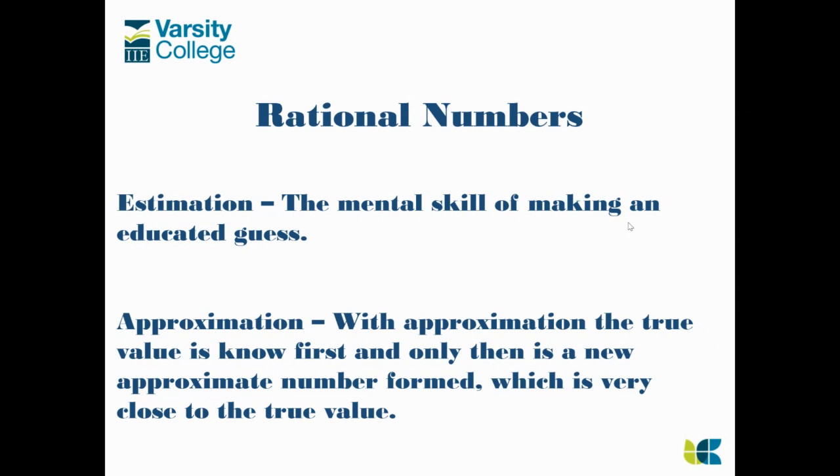Approximation. With approximation, the true value is known first, and only then is a new approximate number formed, which is very close to that. So in science, when you do a calculation and you obtain 15.86, you can round it upwards. You can say 16.